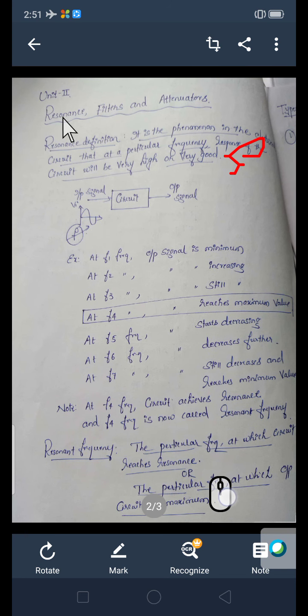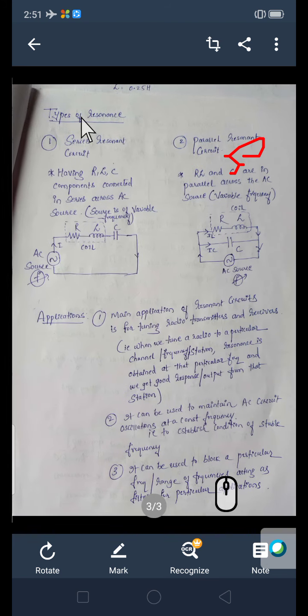We have come to know the meaning of resonance, the types of resonant circuit and its applications. In the next video, we will deal in detail with the series resonant circuit. We will see some of the main derivations here, and the derivations in the parallel resonant circuit.